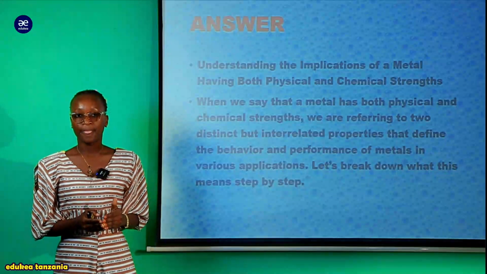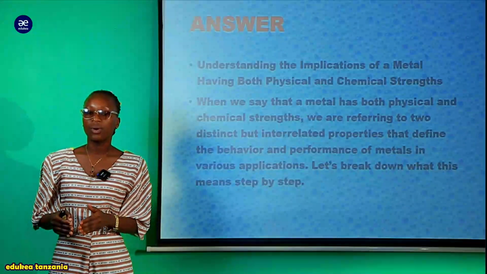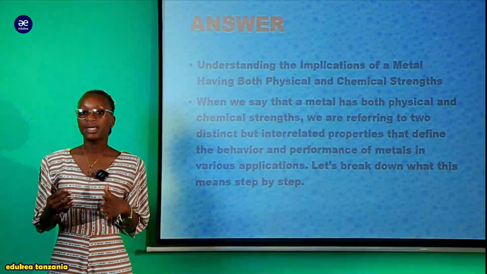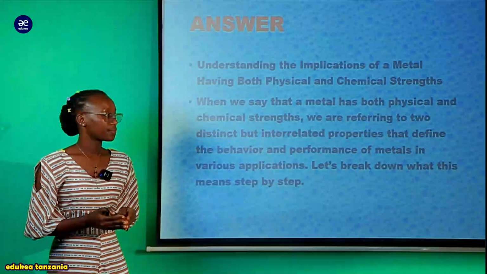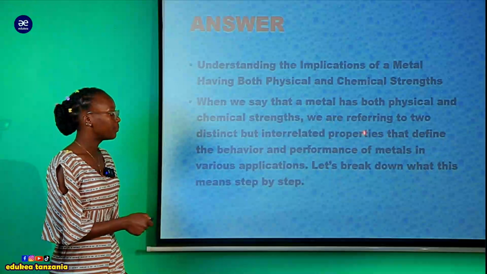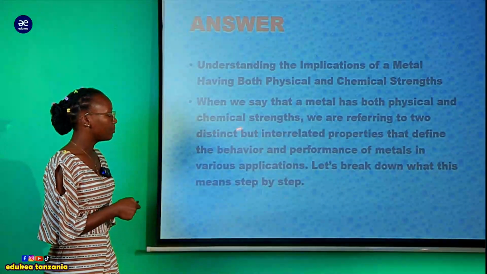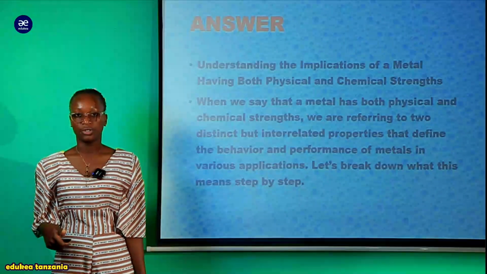Kwa hiyo utaona kwamba metal itakuwa na unique physical properties, then itakuwa na unique chemical properties, lakini zote zina relate kwenye physical and chemical strength. So that's what tunasema: two distinct but interrelated properties that define the behavior and the performance of the metal in various applications.